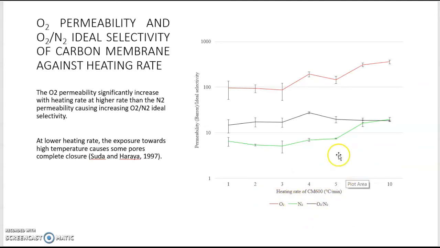But we have a slight increase at 4 degrees per minute, showing that there is an increment in oxygen permeability as well as oxygen-nitrogen selectivity.